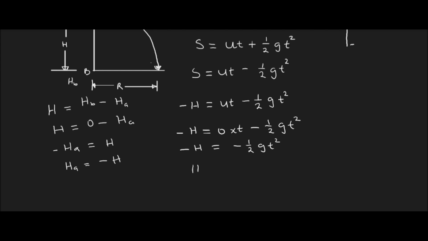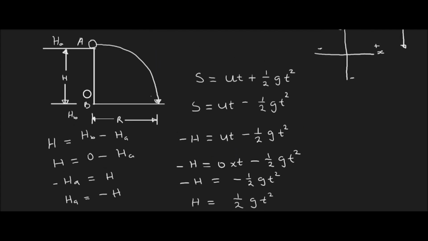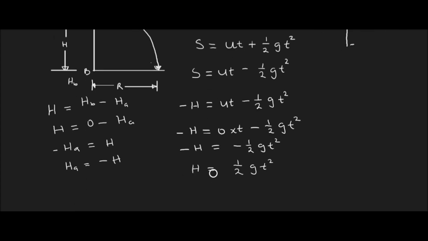That means our h equal to half gt square. That means the formula that we can use to calculate our height is this. This is the formula for our height.